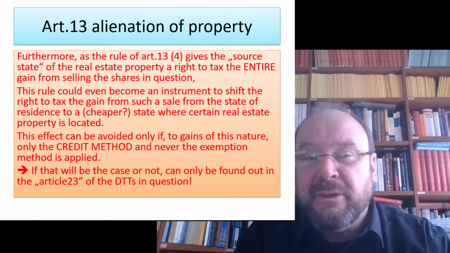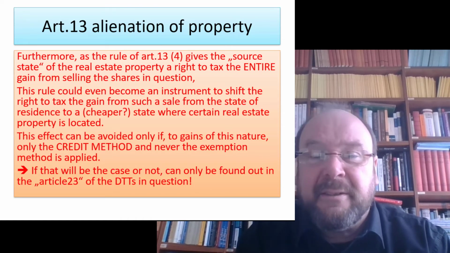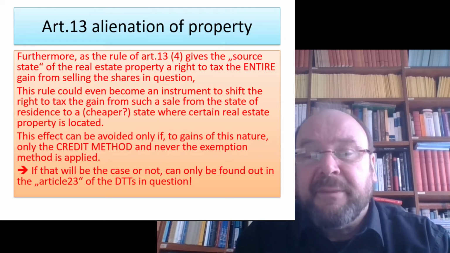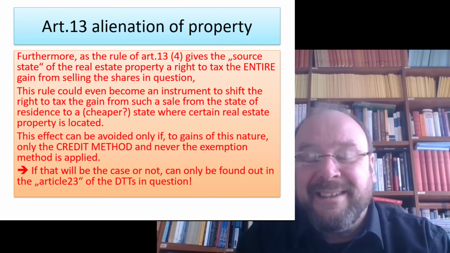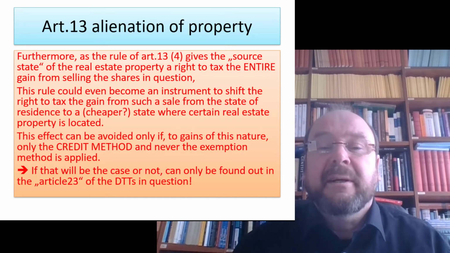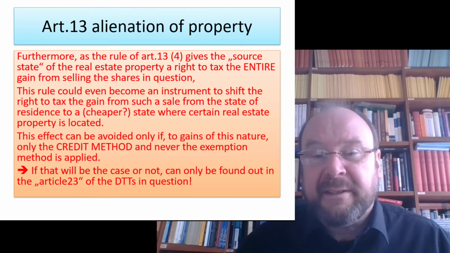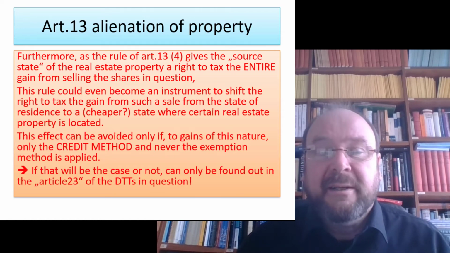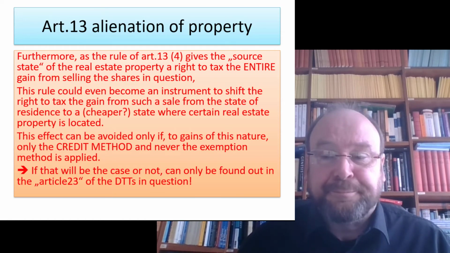This would not be possible if the state of residence reacts in such cases only by application of the credit method, and this can in all probabilities then be expected in most cases where such a clause applies.